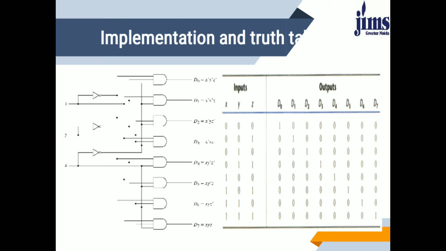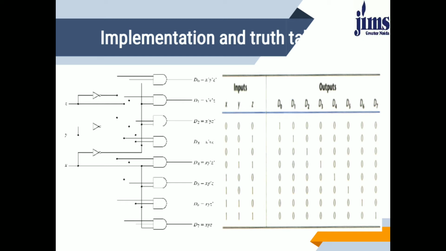Now, for D0 what will be your Boolean expression? X bar, Y bar, Z bar. Accordingly for D1 it will be X bar, Y bar, Z. Similarly D7 will be high at a moment for the input combination X, Y and Z. So now see, a total of 8 AND gates are used here.